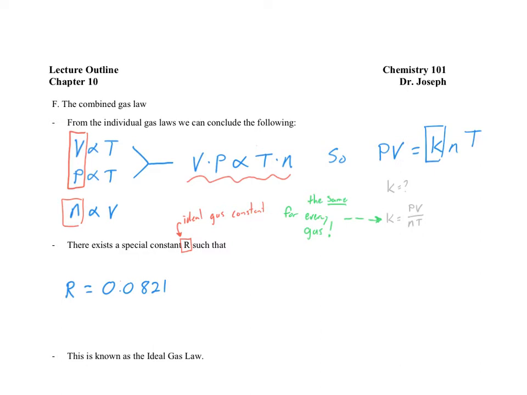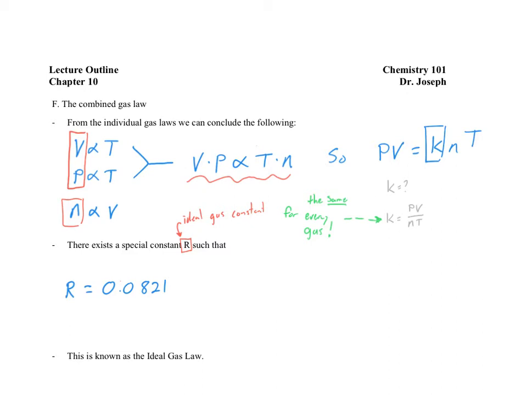0.0821, and then a series of units that I want to show you now. Notice that R, which is represented over here as K, is equal to P times V divided by N times T. Each of those parameters has its own unit, so the units for R will be four different units: one for pressure, one for volume, one for moles, and one for temperature.